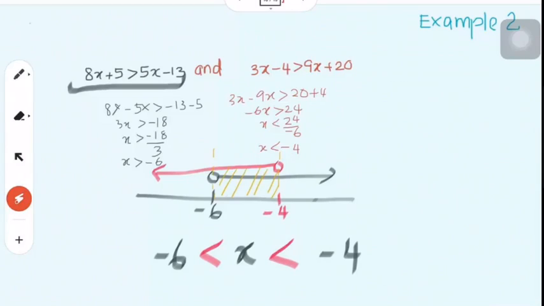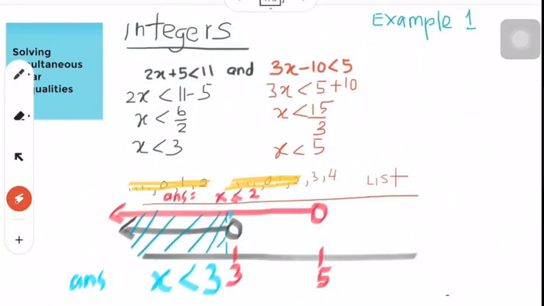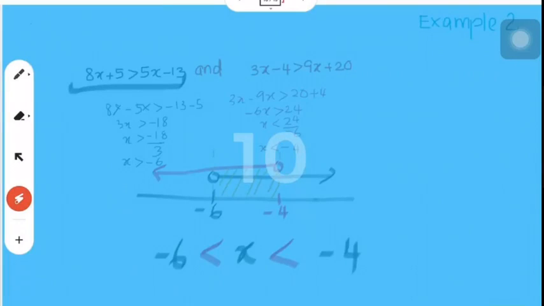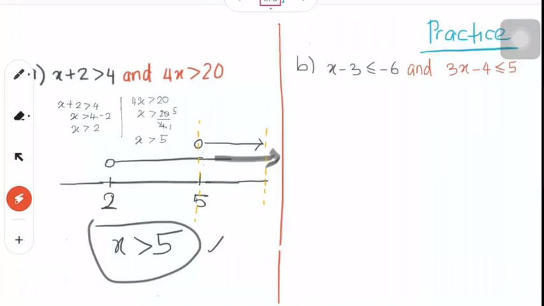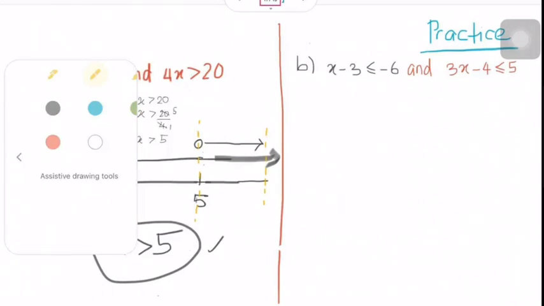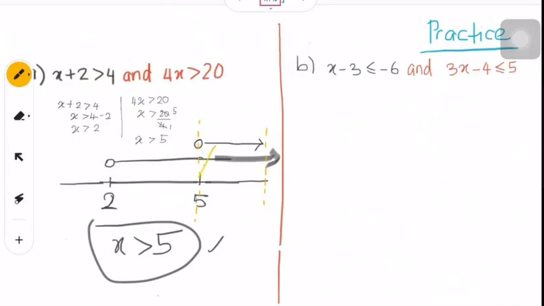Kita perhati cara nak tulis. Kalau dia overlap tengah-tengah, kita tulis macam ni. X di tengah-tengah. Kalau dia belah kiri macam tadi, dia belah kiri saja. So it's less than. Dan this one, if you want to shade also can. If you shade, it should be this part. Dia belah kiri. So it is more than. X is more than 5.